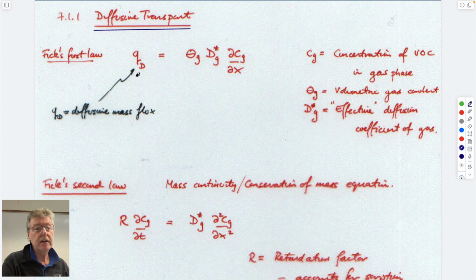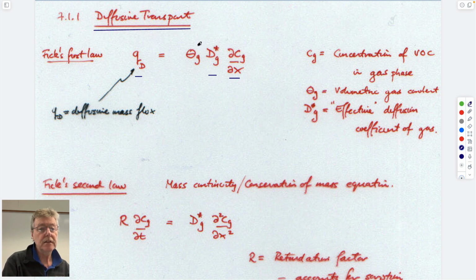And you'll recognize the mass flux in Fick's first law being related to a concentration gradient, a diffusion coefficient, which is an effective diffusion coefficient. We called it D star before to represent the fact that it was in a tortuous porous media, and multiplied by the area which it passes through.